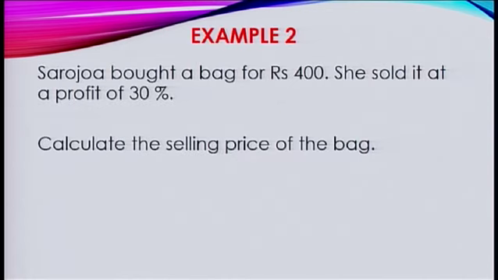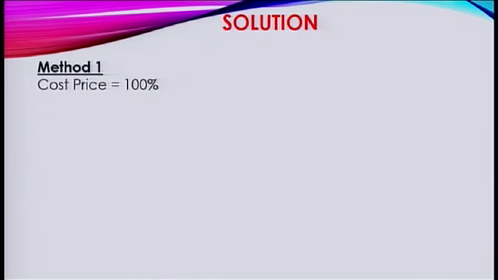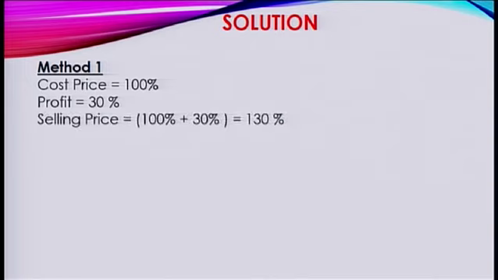Let's take another example. Sarojwa bought a bag for 400 rupees. She sold it at a profit of 30%. Calculate the selling price of the bag. We have two methods to do that. Let's see method 1. We know that the cost price is 100% and we have a profit of 30%. So the selling price will be 100% plus 30%, which is 130%.